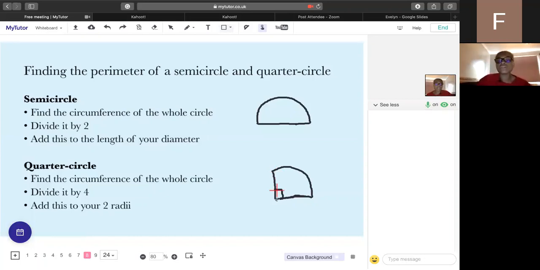So let's say that my radius was 2. I'd have to add 4 onto whatever I got my arc length to be. Hopefully that makes a bit more sense. I might be able to go through another example question with you a little bit later, so that everyone understands it.